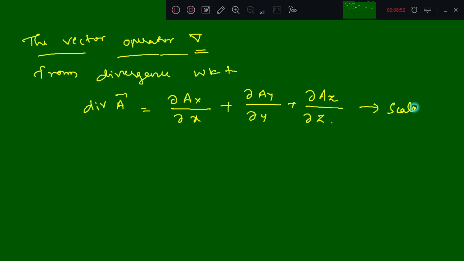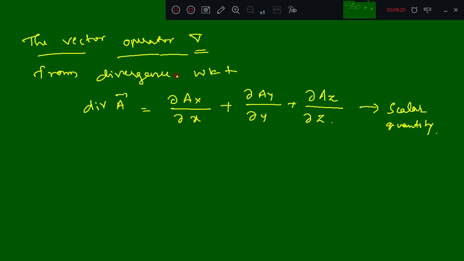So if we have two vectors and we want the dot product of them as a scalar quantity, then we have to apply the del operator.